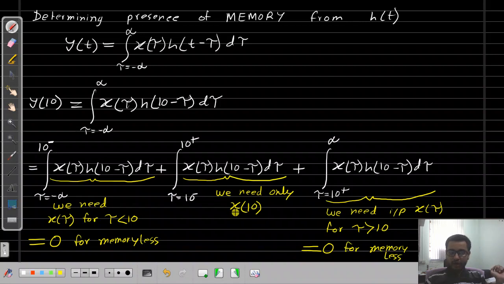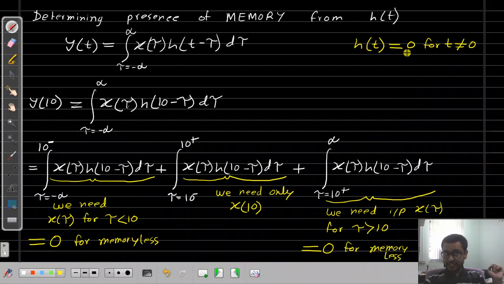Now how could that happen? That could happen only if h of t is equal to 0 for t not equal to 0.